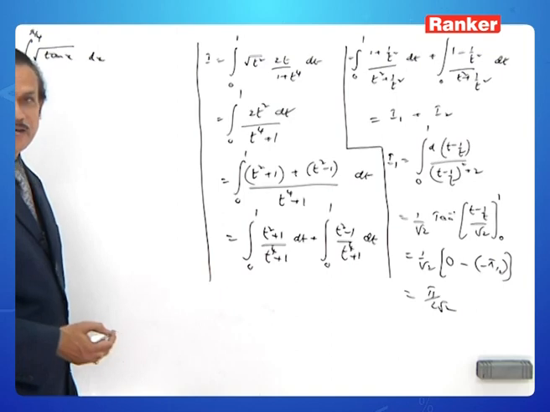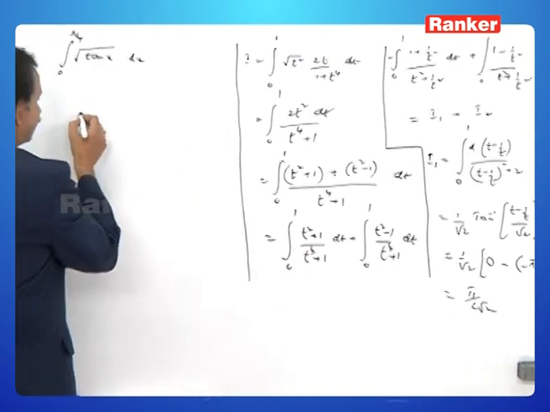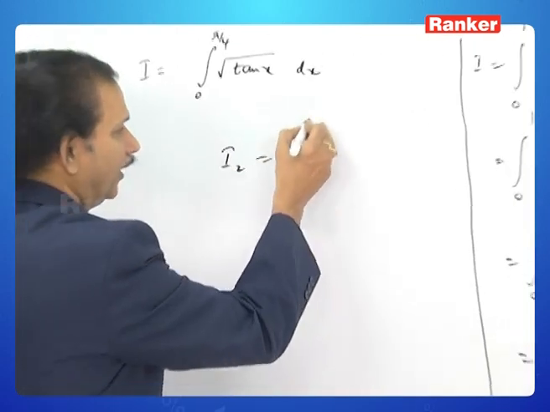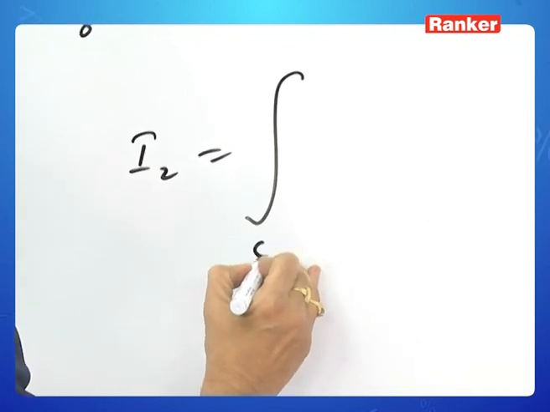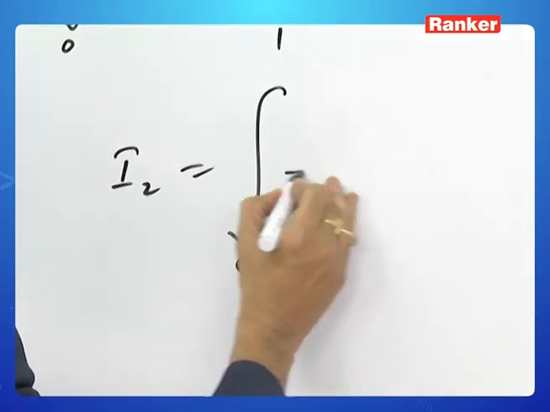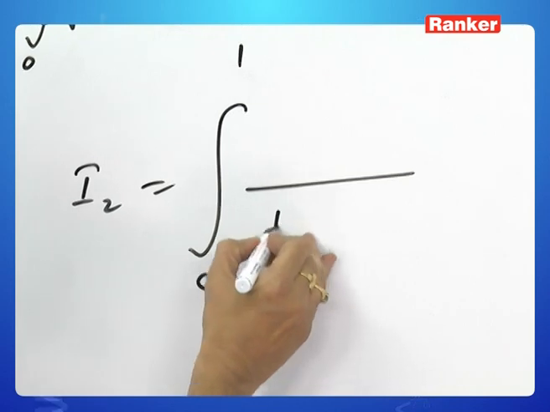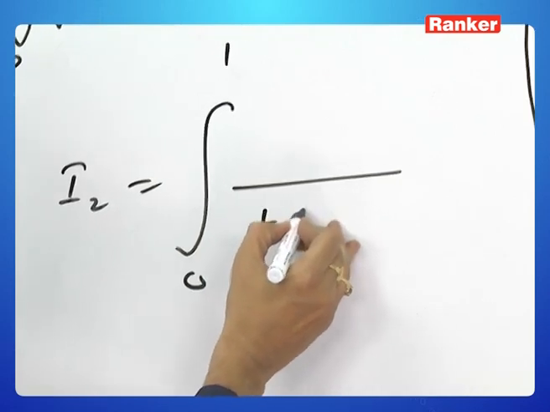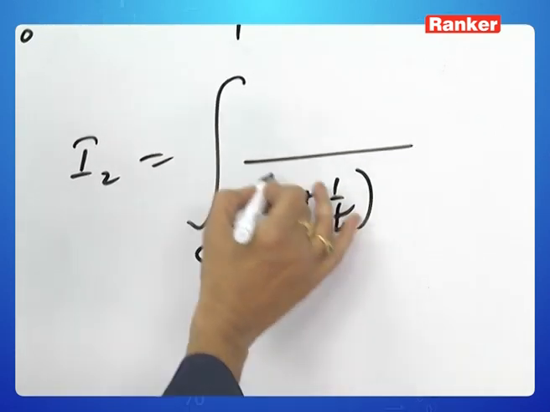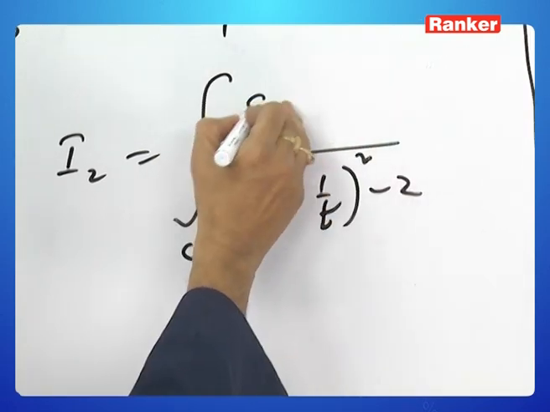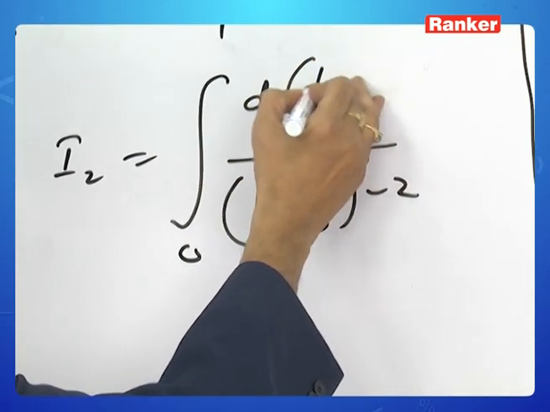Isn't it? Well done. What is I2? I2 is therefore equal to integral 0 to 1. What is t square plus 1 by t square? T plus 1 by t whole square minus 2, and the numerator is d of t plus 1 by t.